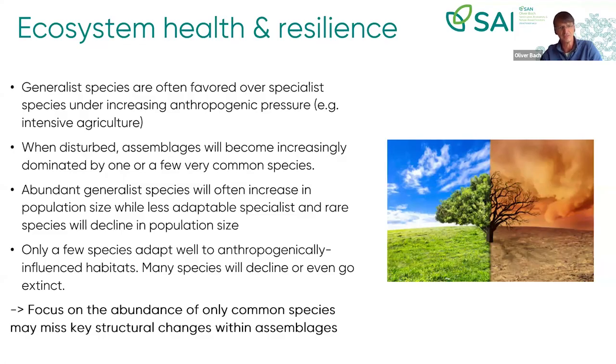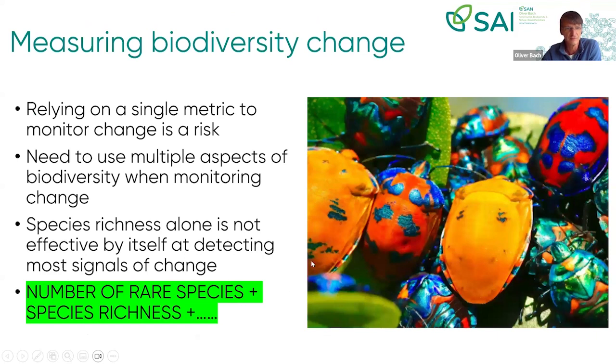Focusing only on the abundance of common species will be drawing a wrong picture, and we don't want to do that, right? So in a nutshell, there needs to be a mix of biodiversity indicators, such as Daniel already has highlighted.